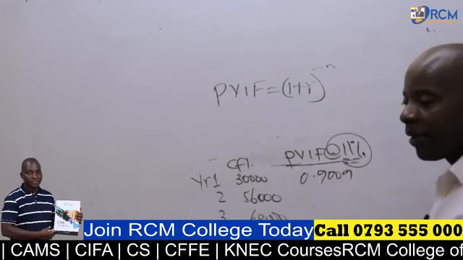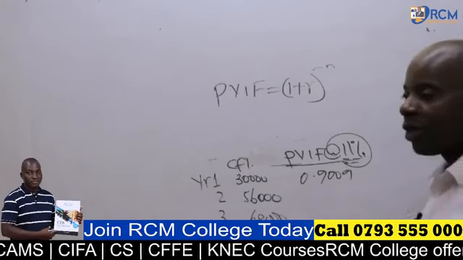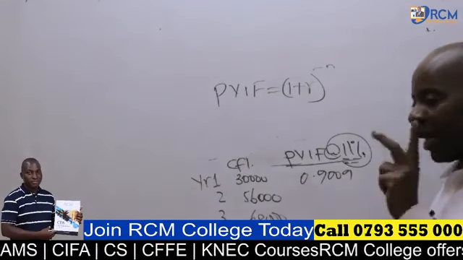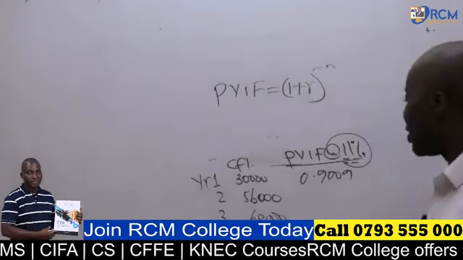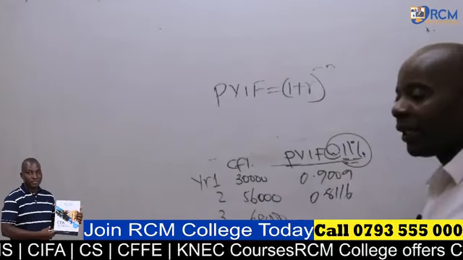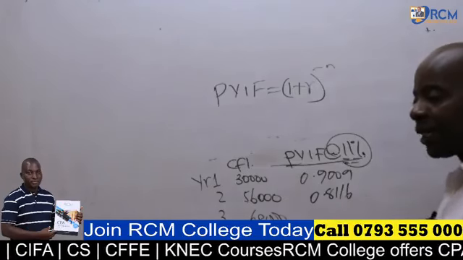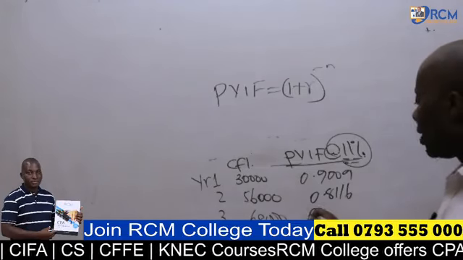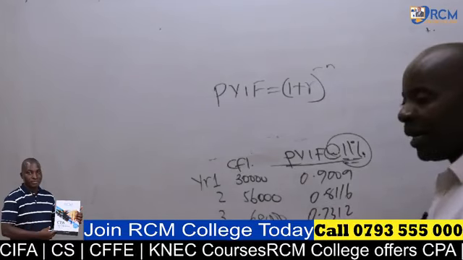The second one, 1.11 raised to minus 2, gives 0.8116. The third one, 1.11 raised to minus 3, gives 0.7312.